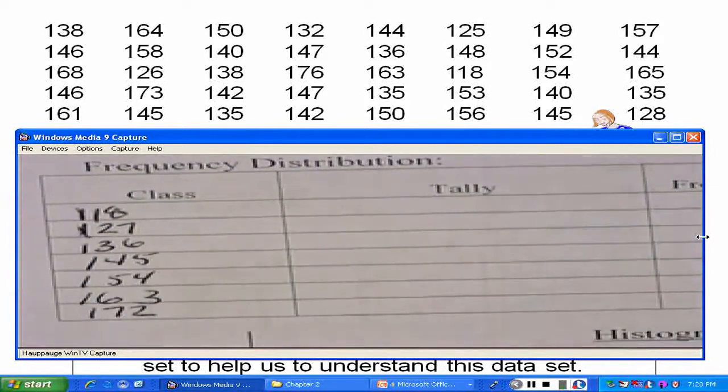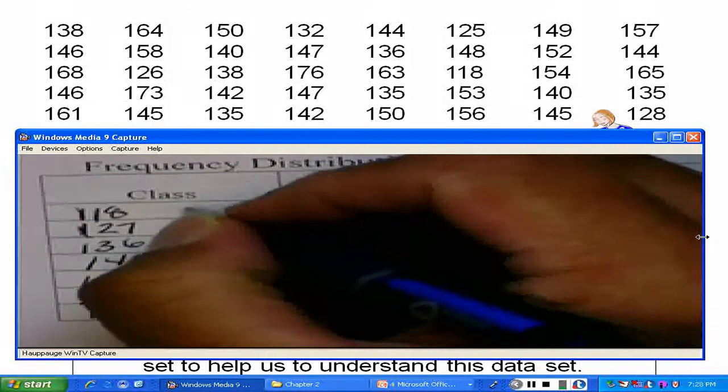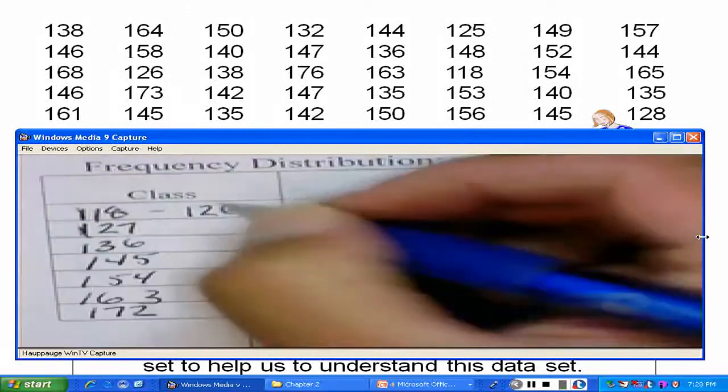Now what I need to do here is that this one has to be one less than this lower limit, right? And it's one less because we have what for the numbers? Whole numbers, right? So we're going to subtract 1 from 127, and we get 126.